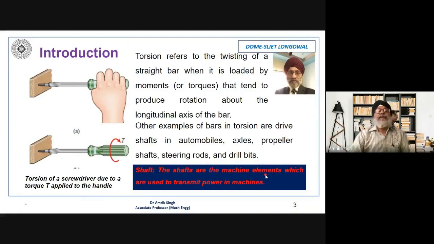I think everybody is aware of shafts, as we basically use them for transmitting power either by means of belt and pulley or gears. We mount some element on the shaft and we transfer the power.